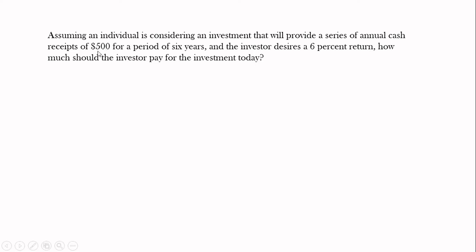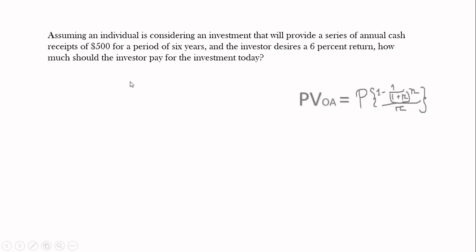It is not mentioned here whether this 500 is paid at the beginning or end. When it is not mentioned in a math, we have to assume it is an ordinary formula, so we have to do it according to the ordinary formula. If it's mentioned, then we have to do the math according to that formula. But if it's not mentioned, it's the simple ordinary formula.